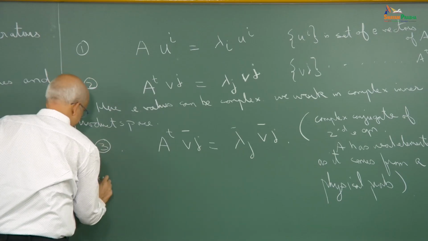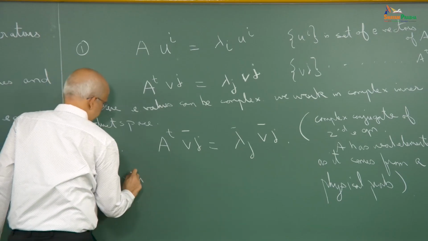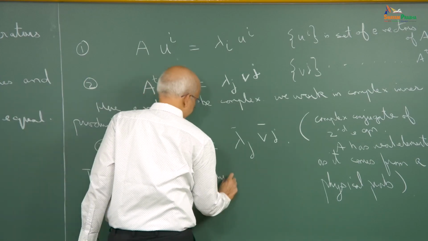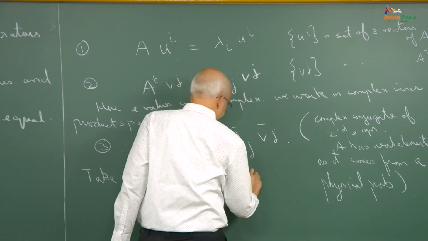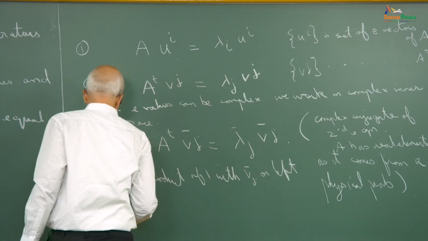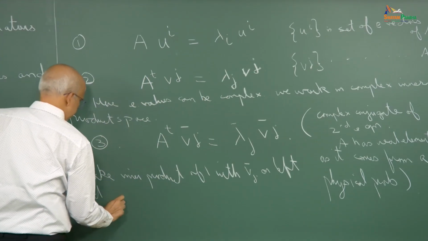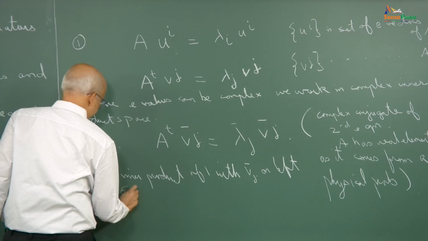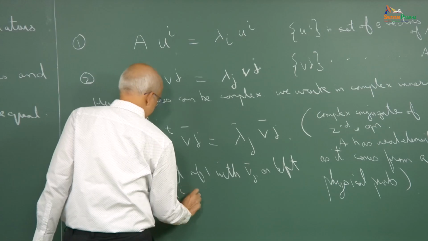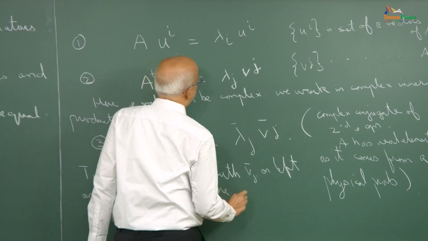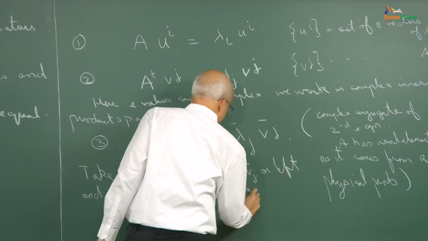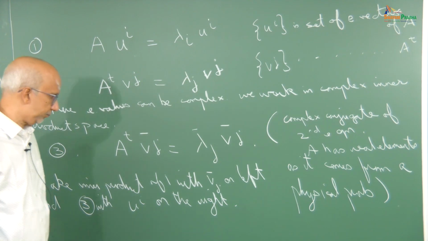Take the inner product of 1 with Vj bar on the left and 3 with ui on the right.